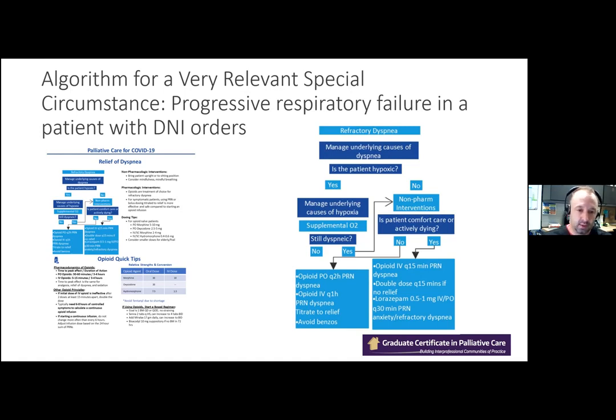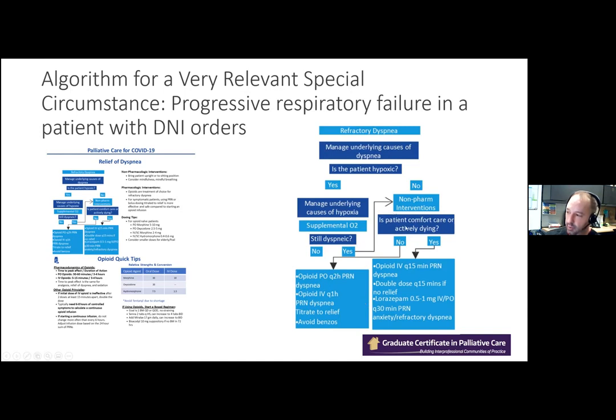And so this algorithm just goes through, first of all, is the patient hypoxic? And you start out with addressing things from a standpoint of respiratory therapy, right? But then if they have symptoms, you start out with the 2-hour oral dosing and 1-hour IV dosing like we talked about before.